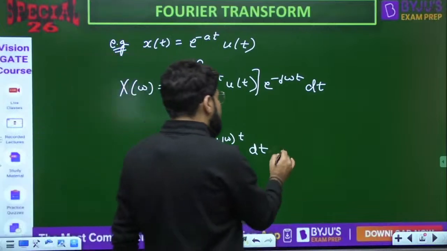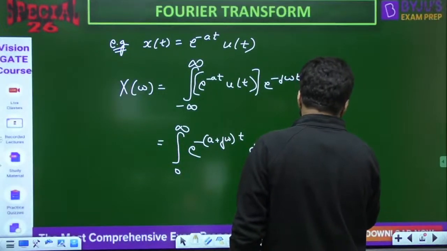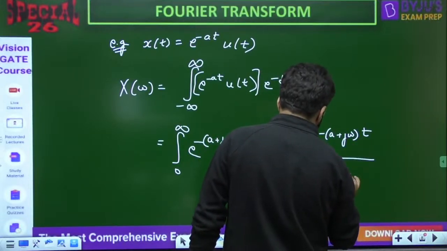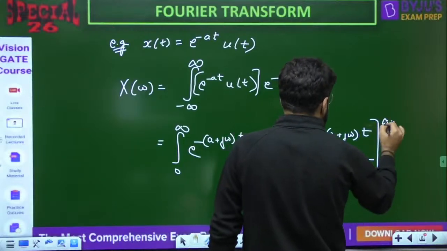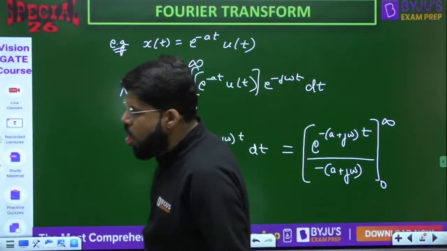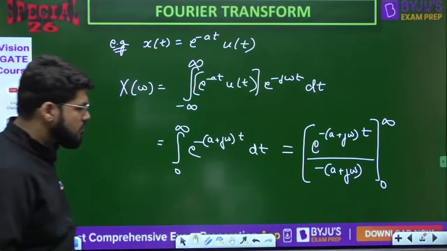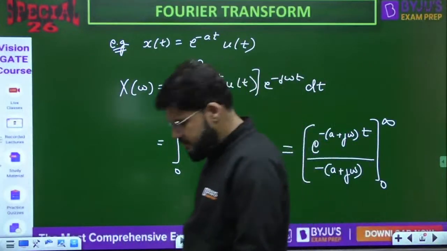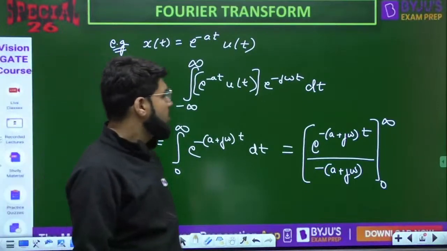Okay. Now, it's a simple integration of the form e power ax. So e power minus (a plus j omega) t divided by minus of (a plus j omega), from the limit 0 to infinity.